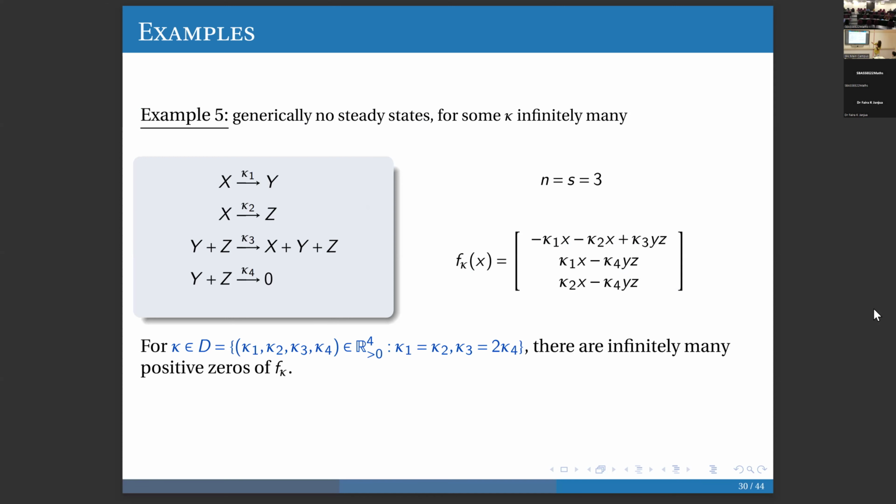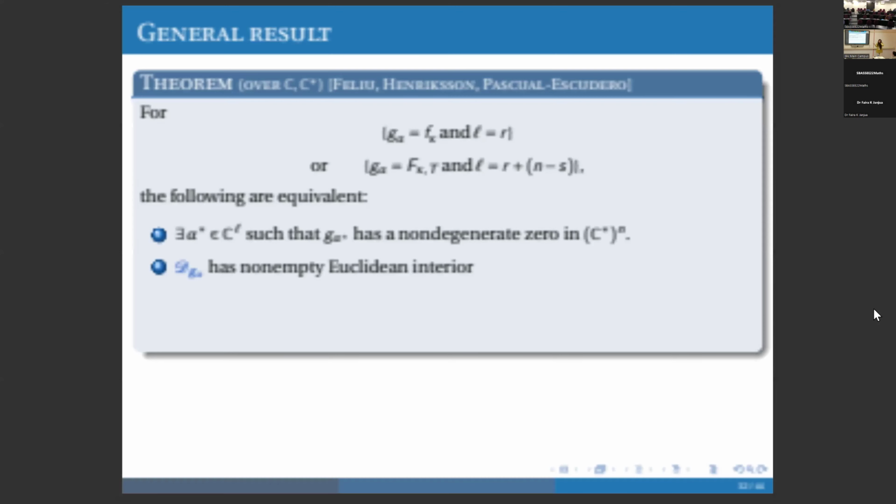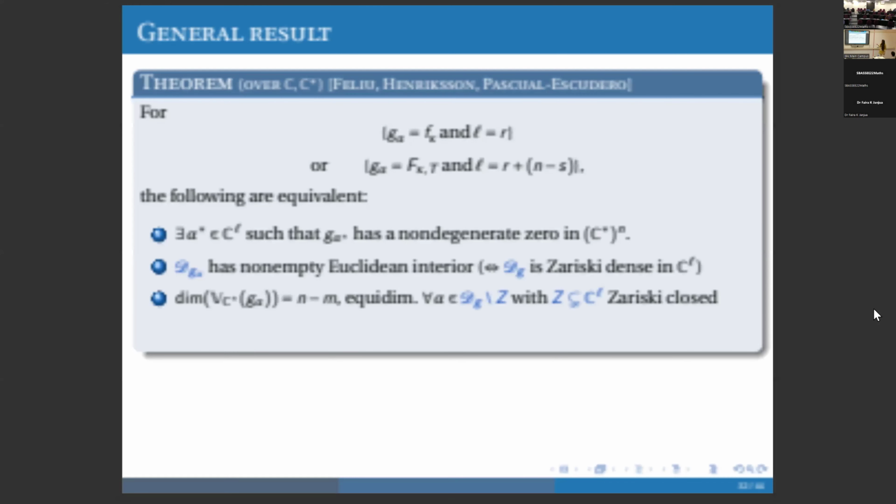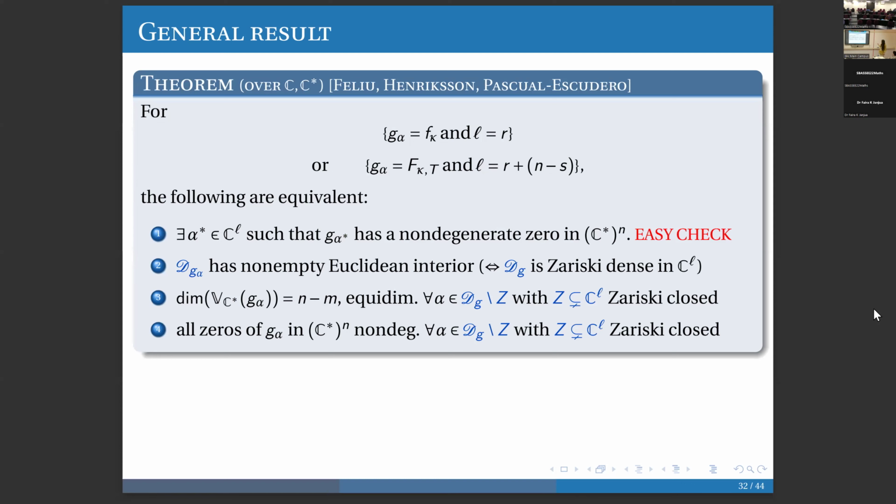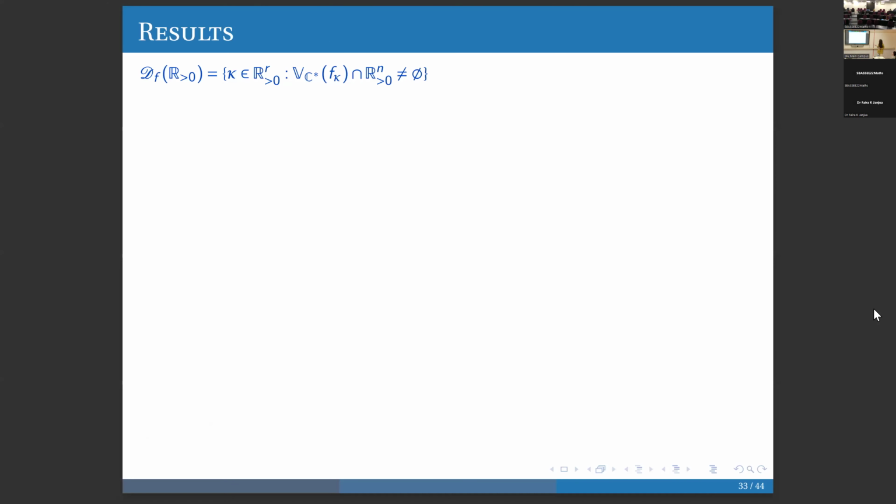But for instance, for this example I mentioned, this is the set of parameters where there are infinitely many positive zeros, and then outside... Oh, okay, no, sorry, this is an example of the other behavior. No, maybe I didn't write any example of that here. Okay. Sorry. But it would be a different question, not necessarily easy. Actually, I need to think about it. Okay. Let me answer you later.